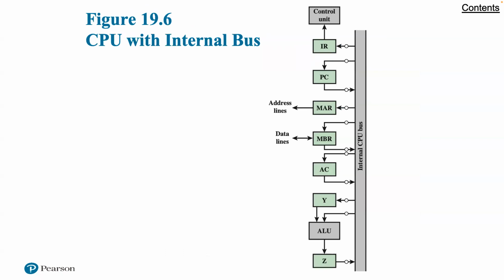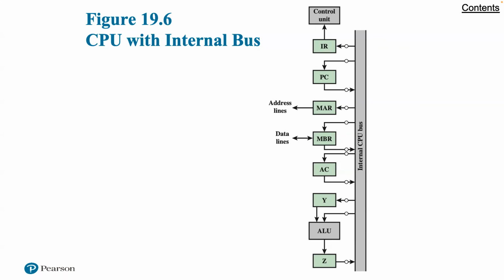Figure 19.5 indicates the use of a variety of data paths. The complexity of this type of organization should be clear. More typically, some sort of internal bus arrangement, as was suggested in figure 16.1 for the internal structure of a CPU, will be used. We're not going to go back there, but if you want, you can go back to that chapter and look at that figure. Using an internal processor bus, figure 19.5 can be rearranged as shown in figure 19.6.